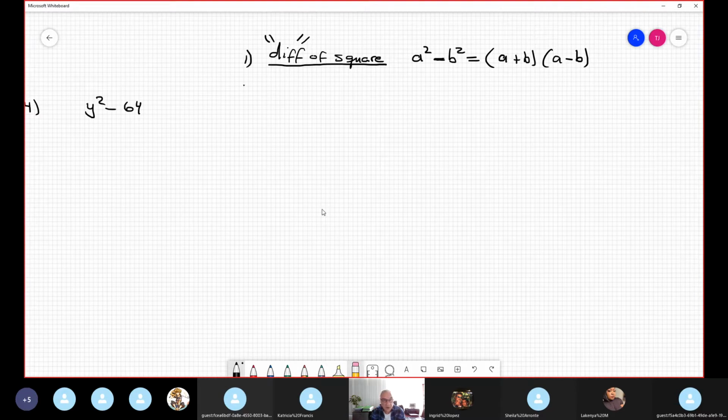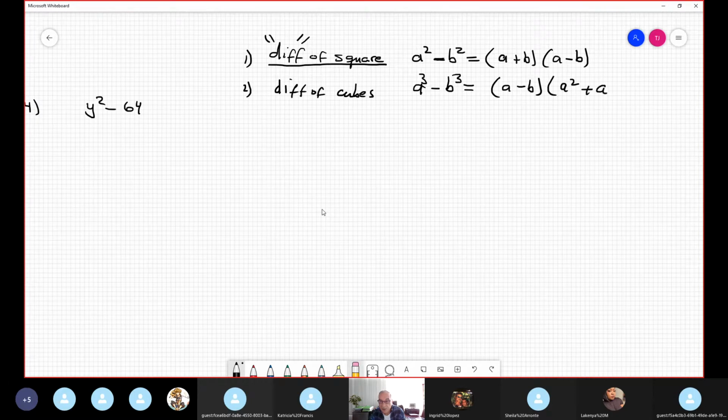The second kind is the difference of cubes. A cube is the third power: a cubed minus b cubed. The factorization is (a minus b) times (a squared plus ab plus b squared).